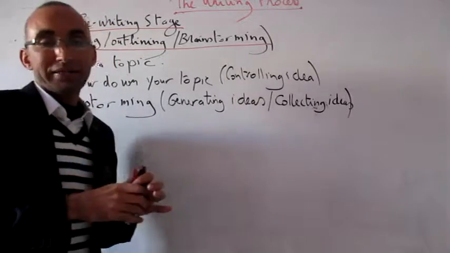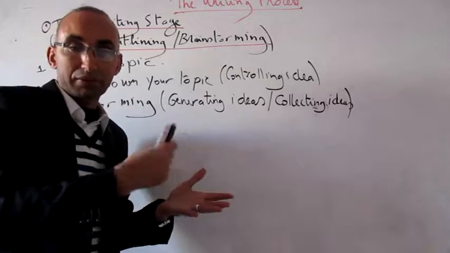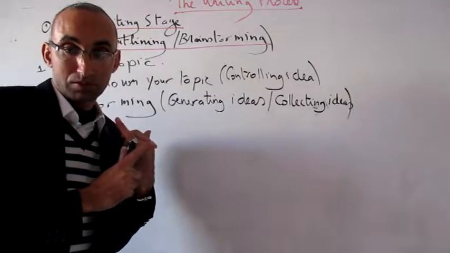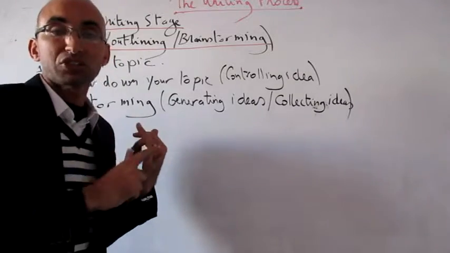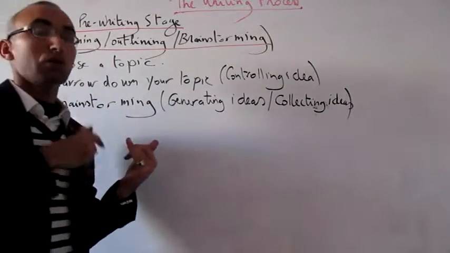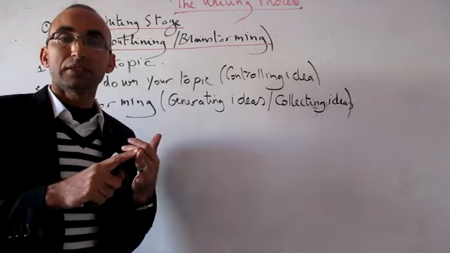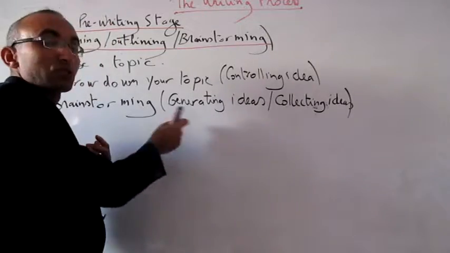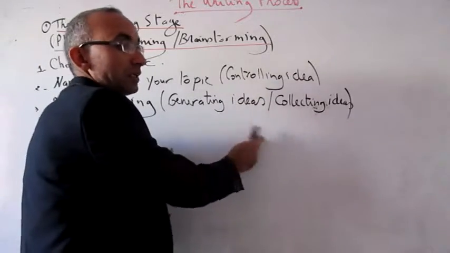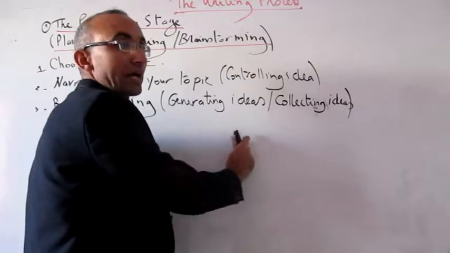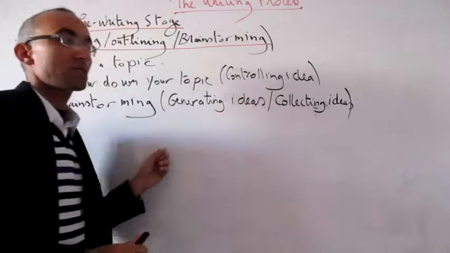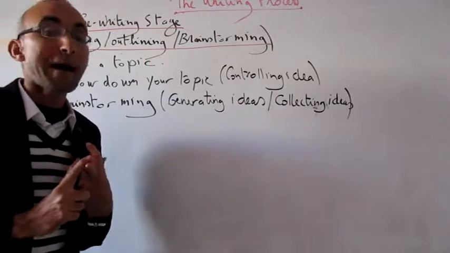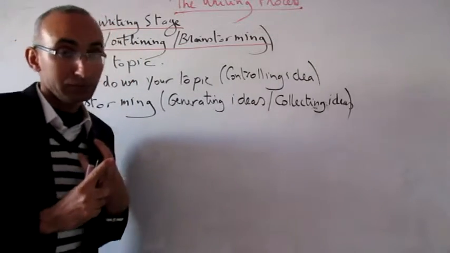So, you can write these ideas which you have gathered and collected, either in the form of a list, clear, and we call this strategy listing, or in the form of free writing. You keep writing all what comes to your mind in one block of writing, line after line. Or also in the form of a map, mind mapping.